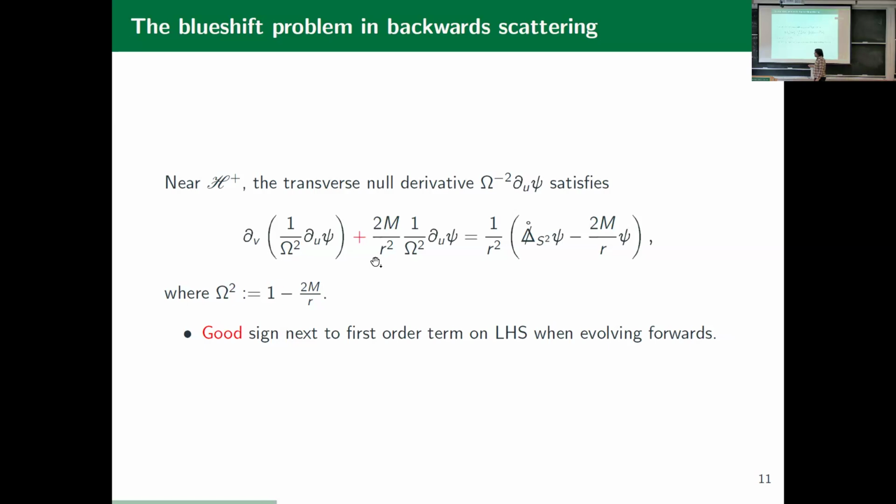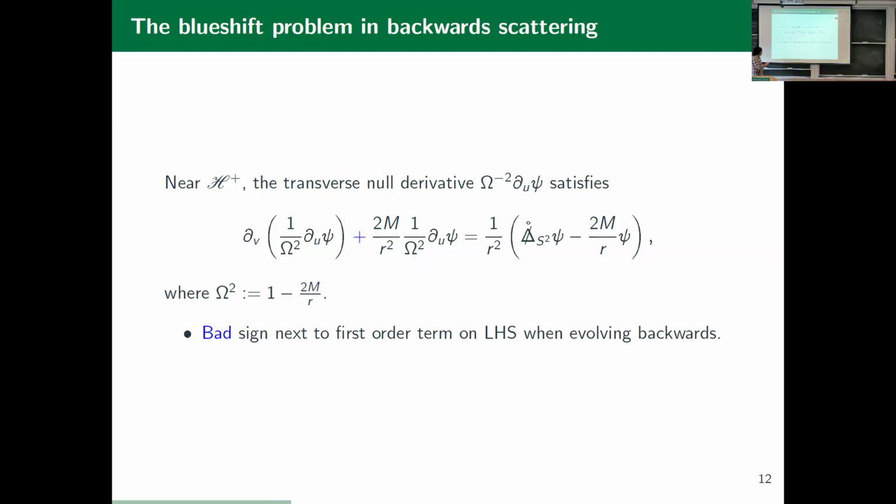And this term actually distinguishes the direction of evolution in time. So if you're evolving in the forwards direction, then this sign is helpful, and we can easily control the transverse null derivative near the event horizon, provided that it is bounded in the initial data, in the appropriate L2 norm. But if we try to do that in the backwards direction of evolution in time, then this sign works against us.